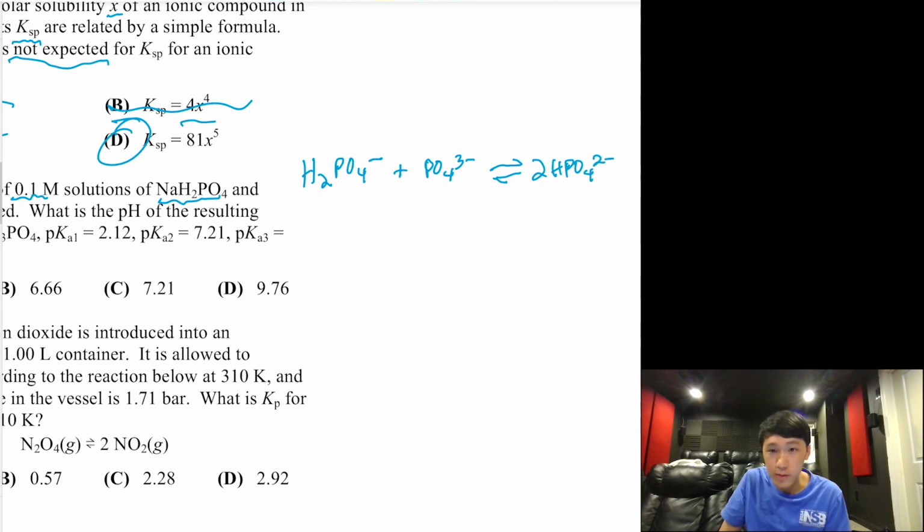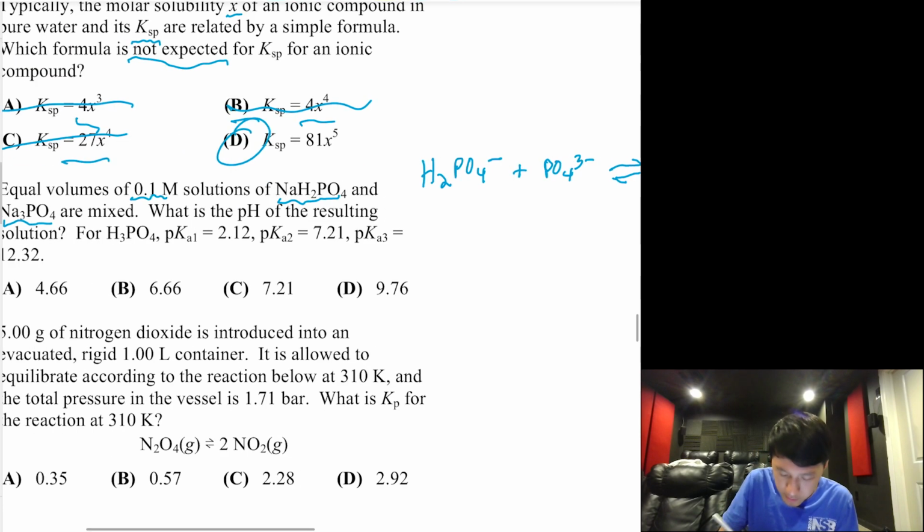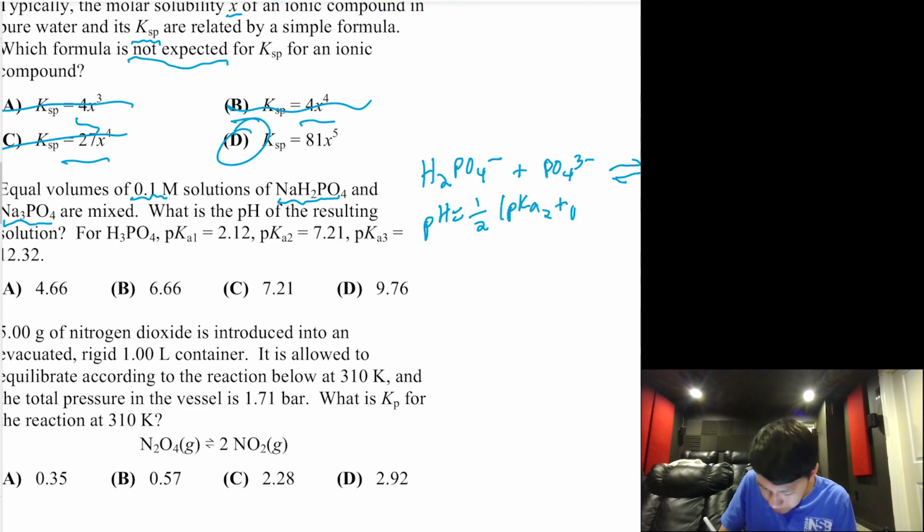Now, if you're familiar with the pH equals the average of the pKa trick, we can plug that in here. So pH equals 1/2 times, in this case, pKa 2 and pKa 3, because those are the relevant equilibria.